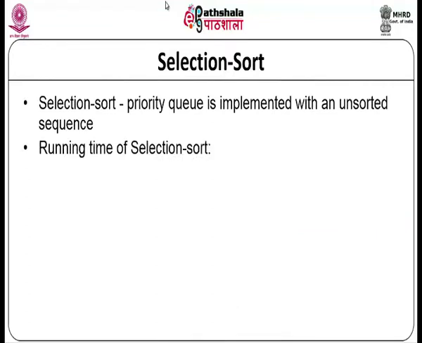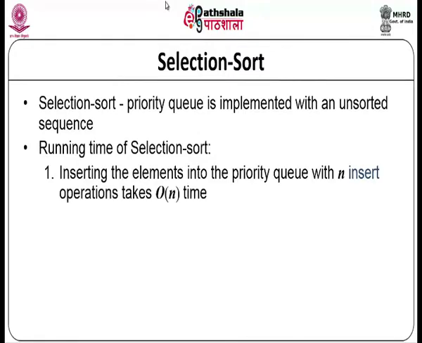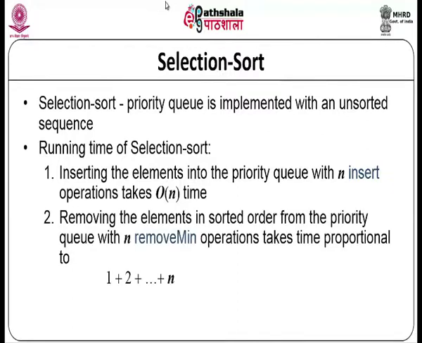The priority queue is implemented as an unsorted sequence, and the running time of selection sort is inserting the elements into the priority queue with n insert operations, which takes of the order of n time, and removing the elements in sorted order from the priority queue with n remove min operations, which takes time proportional. Remember, as many elements as there are, you have to keep searching. So, it will take 1 in the first instance, 2 when there are 2 elements, 3 when there are 3 elements.